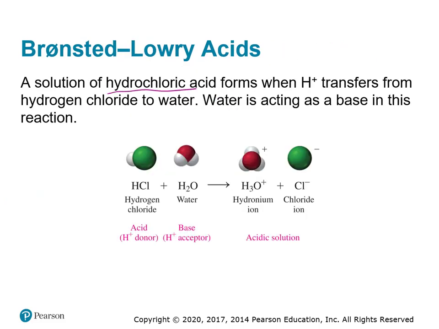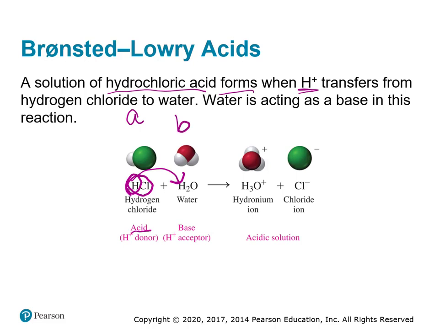A solution of hydrochloric acid forms when H+, a hydrogen ion, transfers from hydrogen chloride to water. Water is acting as a base in this reaction. HCl is hydrogen chloride, or we know it as hydrochloric acid. Since this is an acid, and acids are proton donors, this hydrogen wants to transfer to the base.